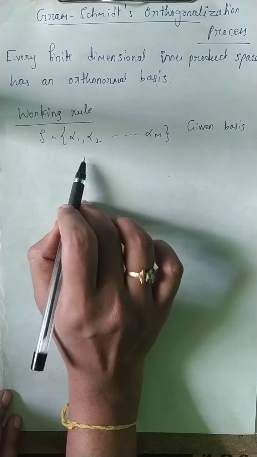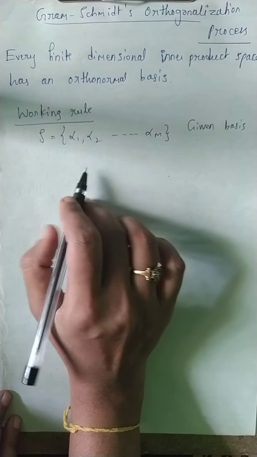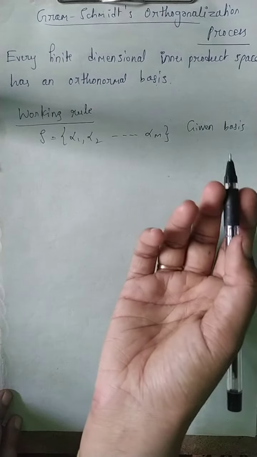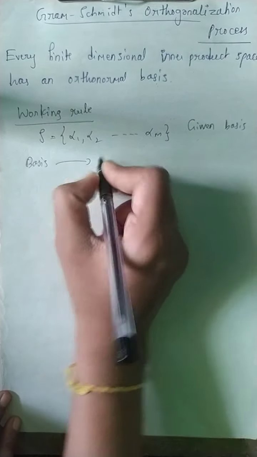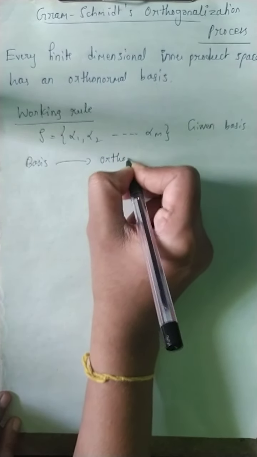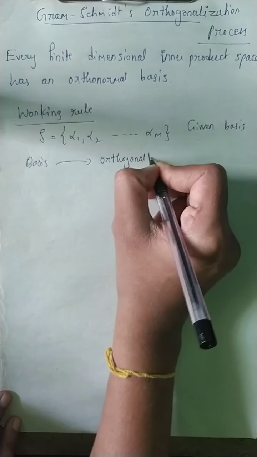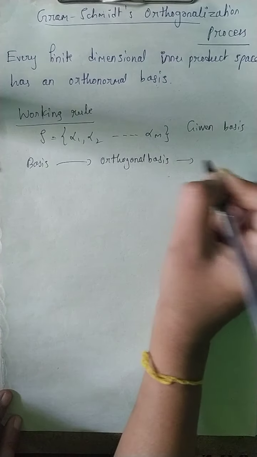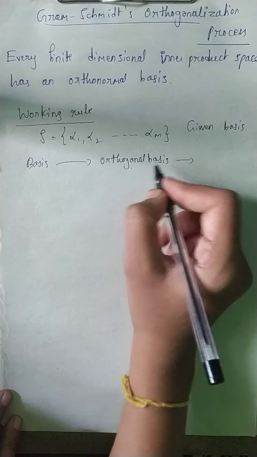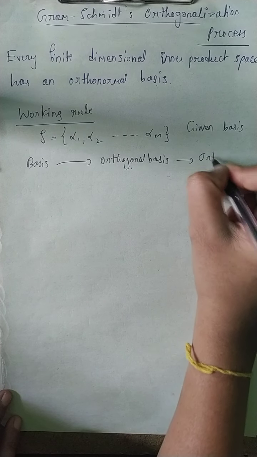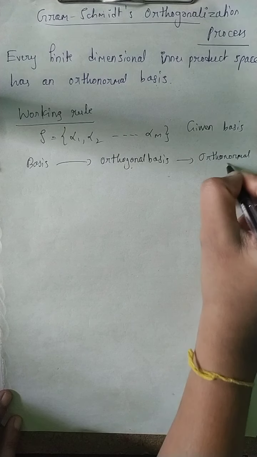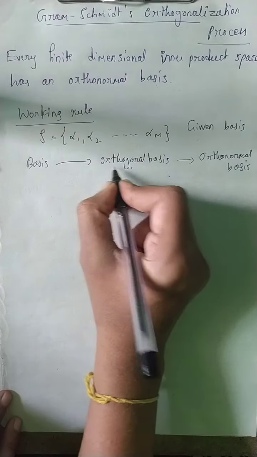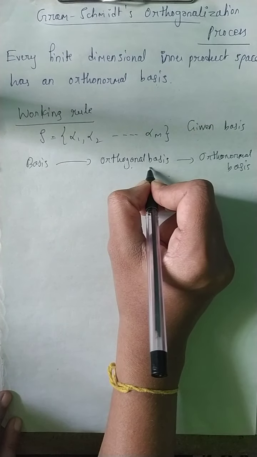After that we have to convert that orthogonal basis into an orthonormal basis. So from the given basis we find the orthogonal basis, and after that, by using this orthogonal basis, we find the orthonormal basis by normalizing each vector in this orthogonal basis.